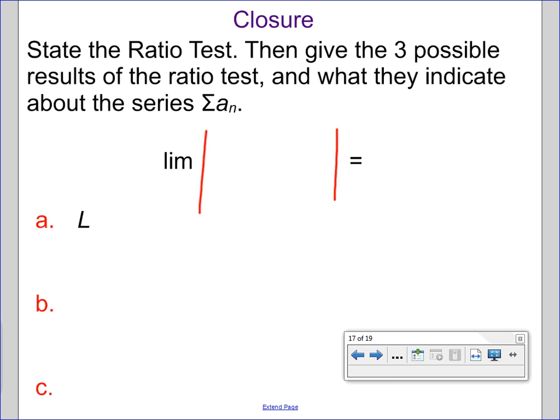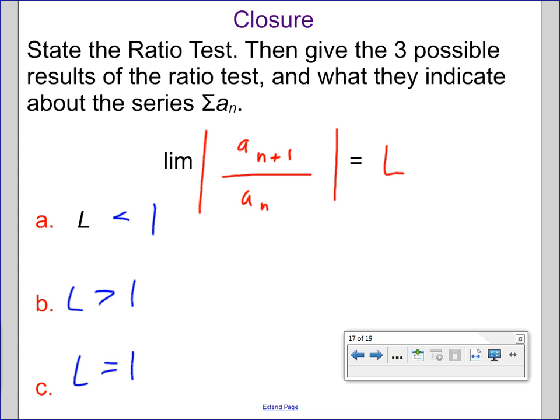Okay, so go ahead and state the ratio test. The limit of, Danny? The absolute value of a to the n plus 1 over a to the n. Good, and that equals what? L. Yeah, if we let that equal some number L, then we have three possibilities. L is less than 1, greater than 1, or equal to 1.